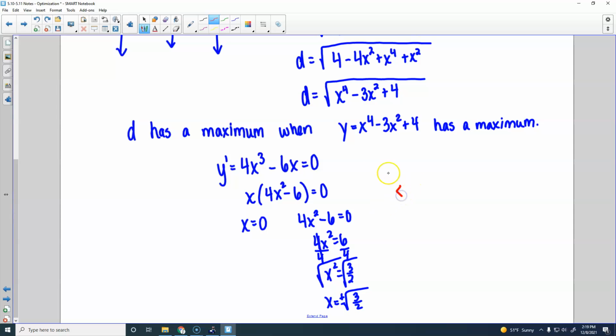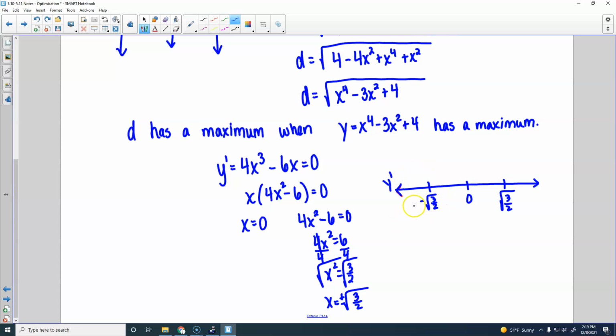So if we do a sign line here, we're going to include negative square root of 3 over 2, 0, and square root of 3 over 2. And call this y prime, not d prime here.